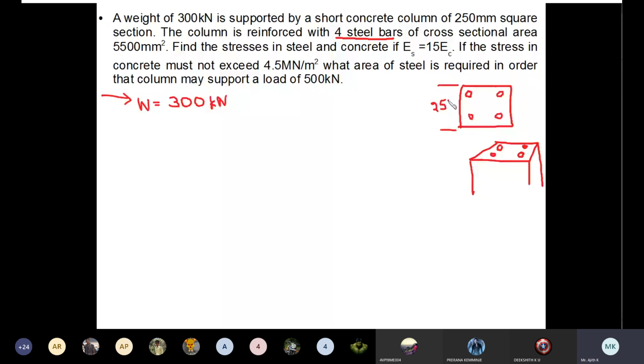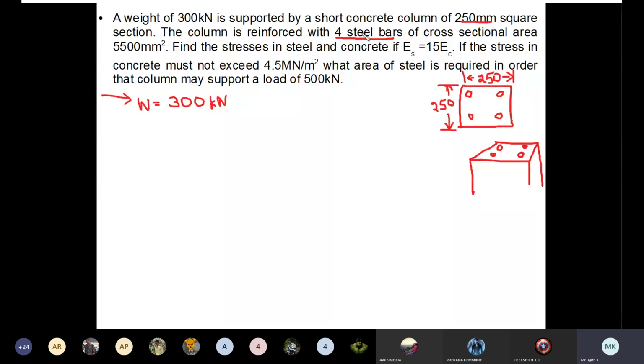It's a square section of dimension 250 each. This diagram is not given in the question. You have to draw this diagram based on statement. A square section of 250 side.